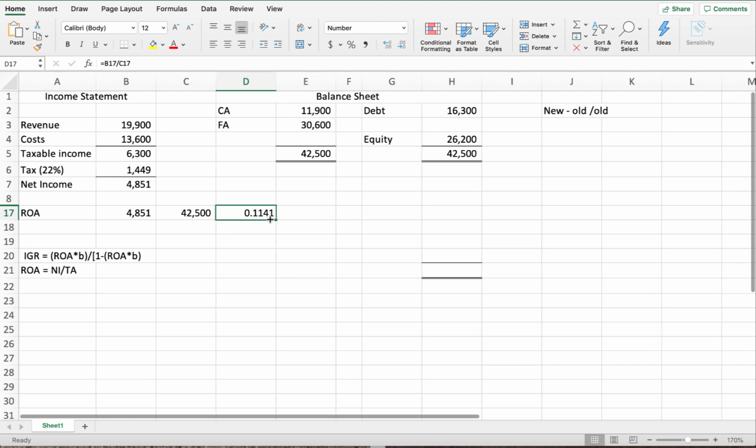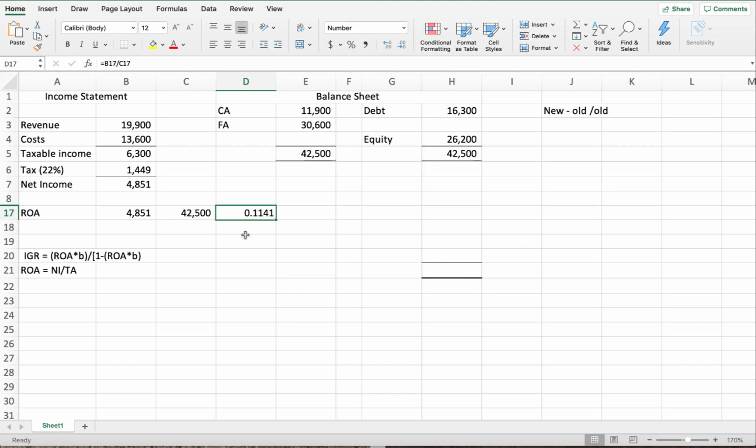Because the sales and everything increase in proportion and the assets also increase in proportion, the ROA has to be 11.41% before the increase in sales and after the increase in sales, because we have those proportional increases.